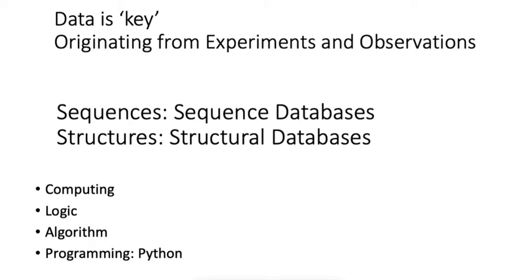Moving on. The whole point of using computers or programming skills to work with natural sciences is that everything in this day and age is about data, and data is key. Data originates from experiments and observations in biology, and in chemistry from chemical reactions and other chemical processes.